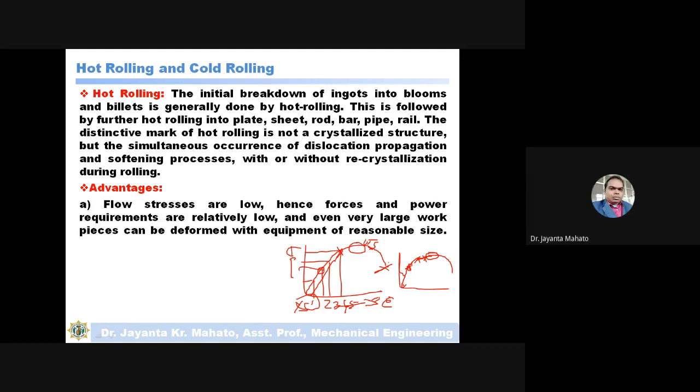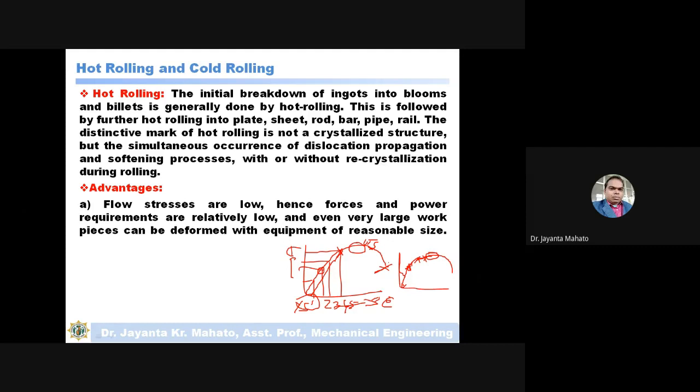Okay, so the flow stress required is less in case of the hot rolling process because the ability of a material to deform improves, the material gets deformed easily, because the movement of dislocation gets easier in hot rolling. How does the movement of dislocation get easier? Because at a high temperature, above the recrystallization temperature, a dislocation can jump from one plane to another plane, which is called climb of dislocation or cross slip of dislocation.